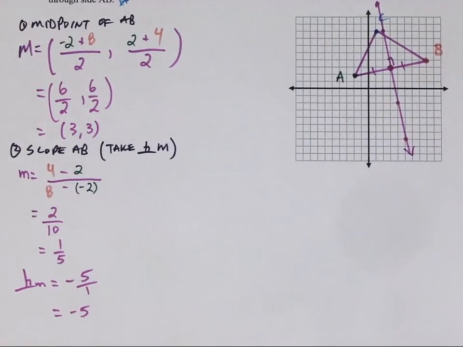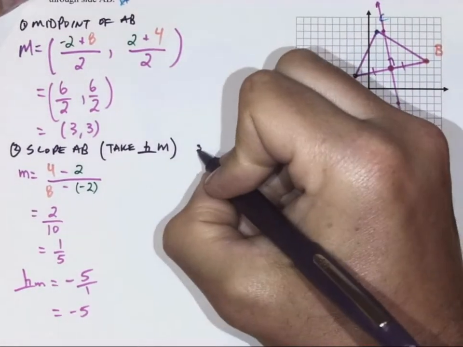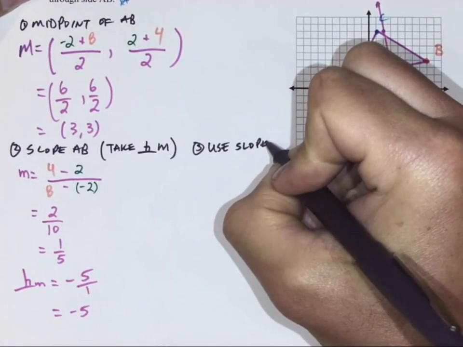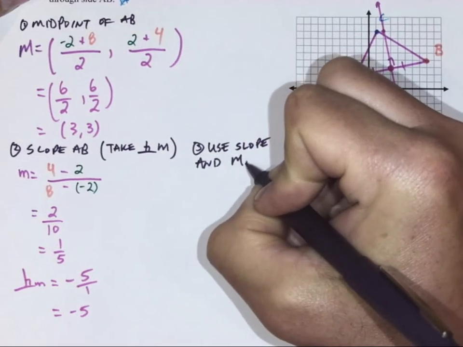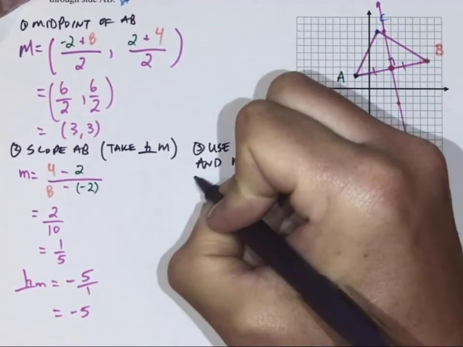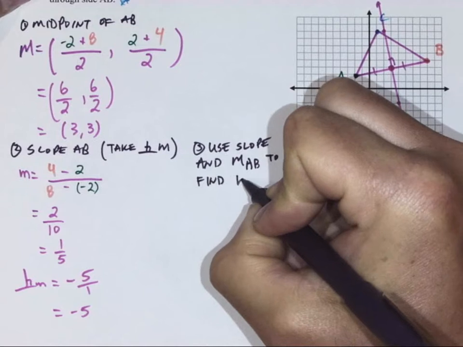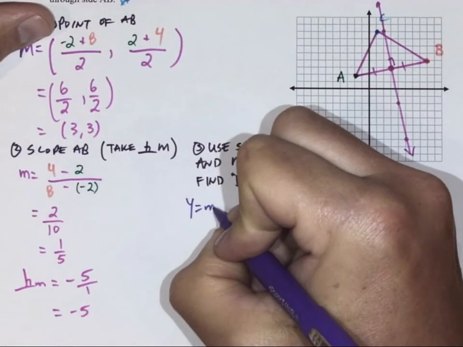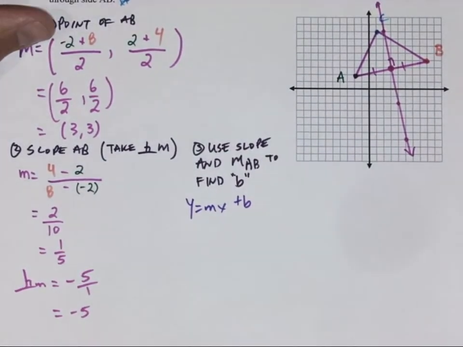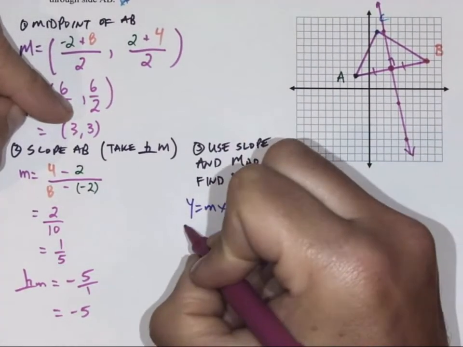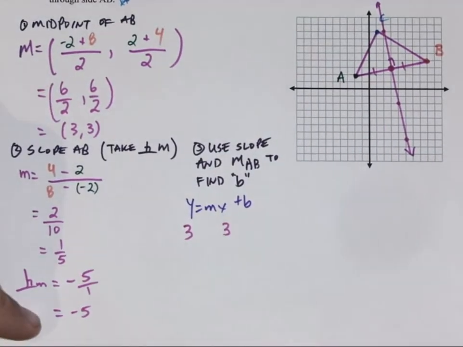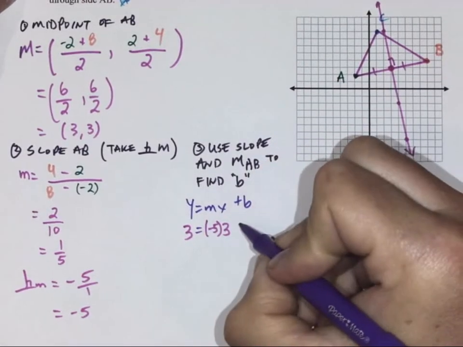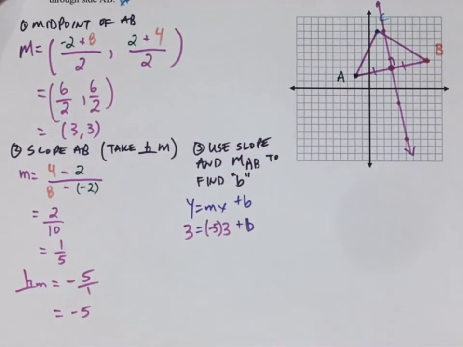So now my third step, sub what I know. I'm going to use the slope and the midpoint of AB to find my y-intercept. So again, I'm going to sub that into y equals mx plus b. Got a point, 3, 3. I got a slope, negative 5. And I'm going to math.